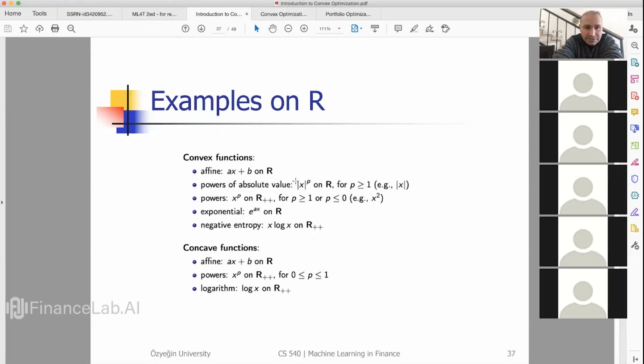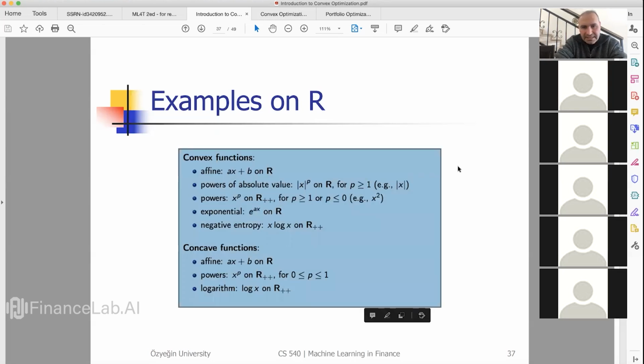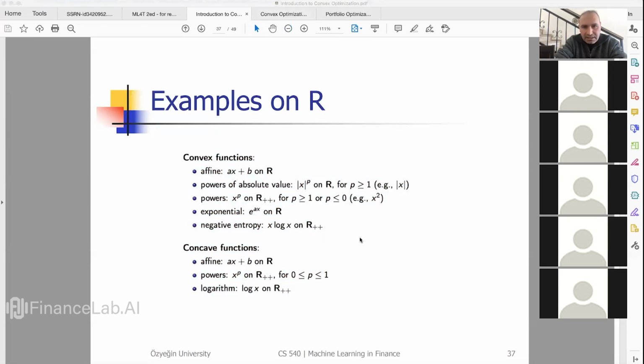The exponential function, e to the power ax, on the real set is convex. And negative entropy. If you remember, entropy was minus x log x, or for different p's in the probability space, minus p times log p for multivariate variables.